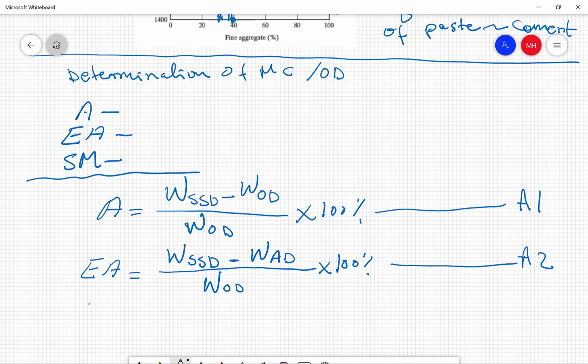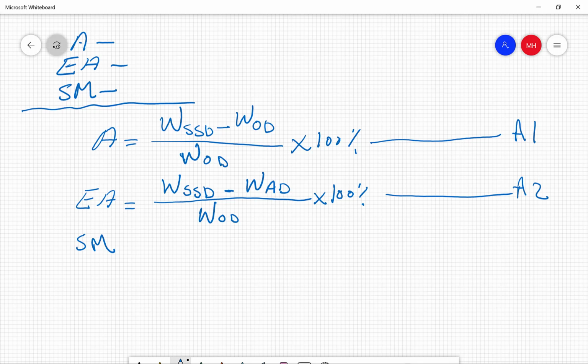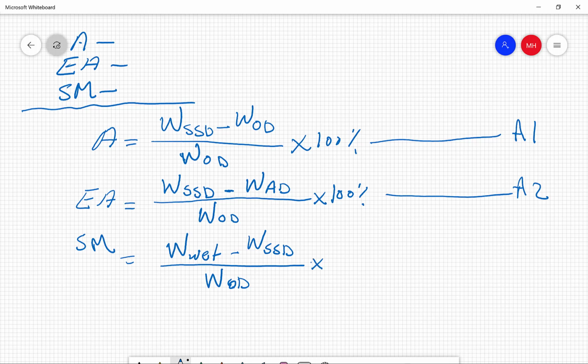The surface moisture can be written as follows, which is the weight in the wet condition minus the weight in the SSD condition, divided by the weight in the oven dry condition, again expressed as a percent.